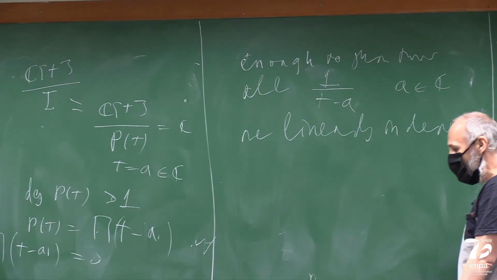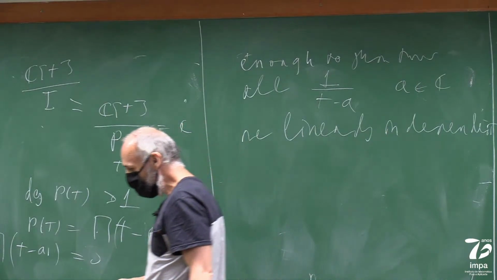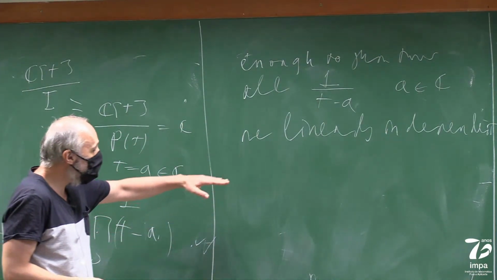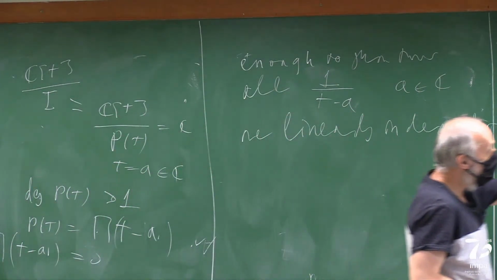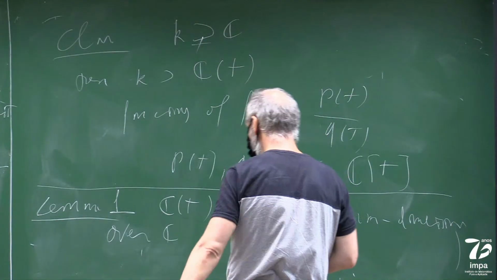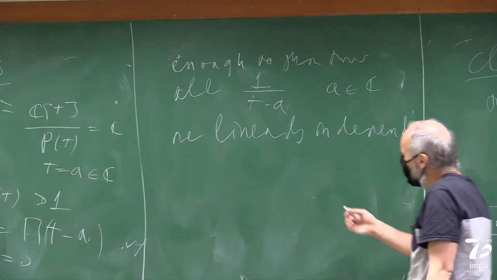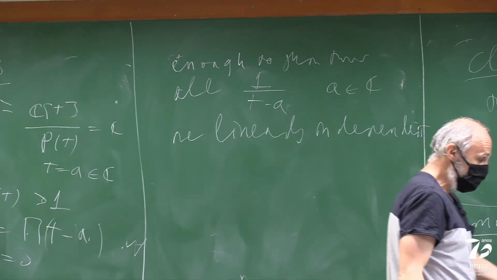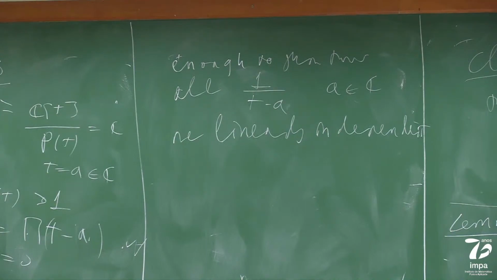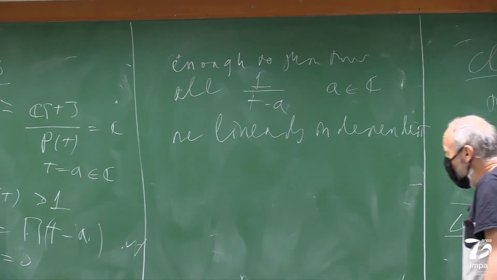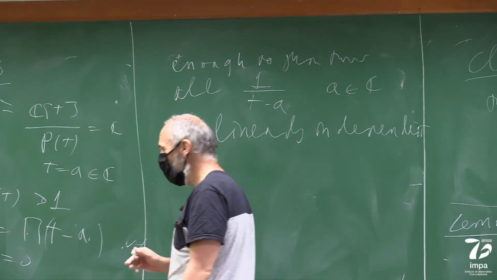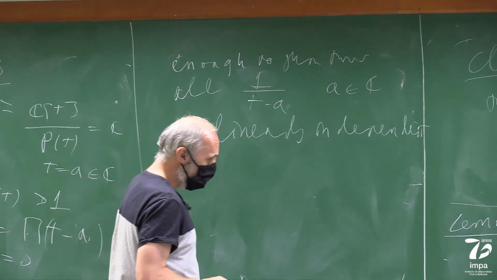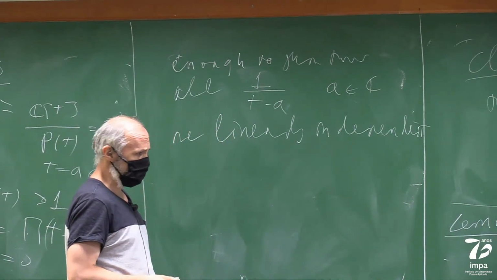This would give you a linearly dependent subset in this field of rational functions, which is continual, because a can be chosen in C. There's precisely continuum elements in C. In fact, I think you can prove that this is almost a basis.